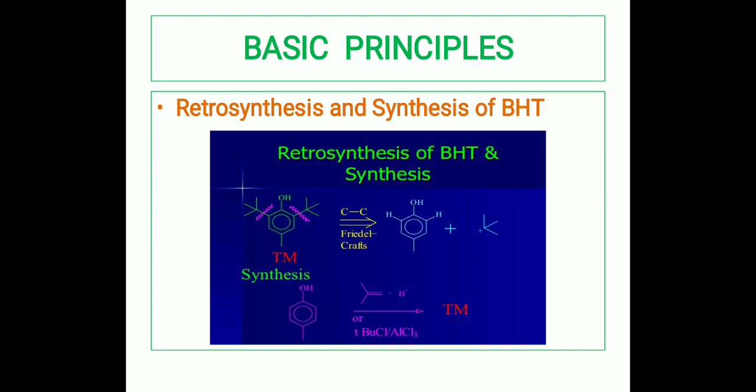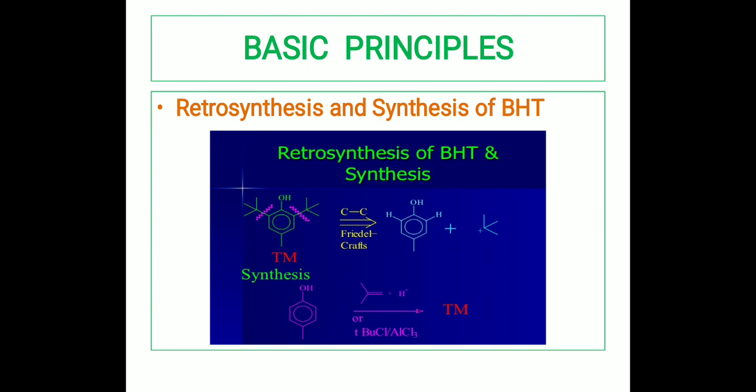So now here we have para-hydroxytoluene and tertiary butyl cation. The tertiary butyl cation is a synthon, and we can have a reagent for this.